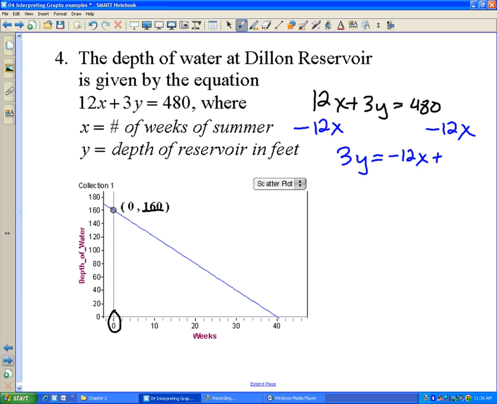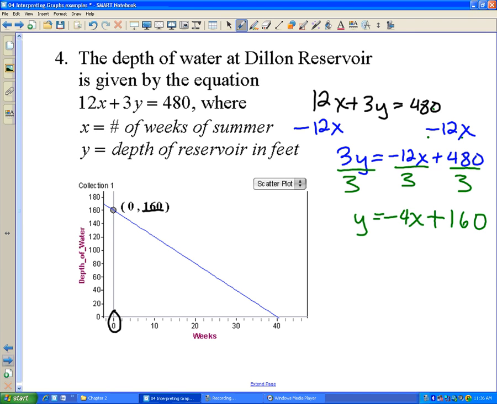If I want to write it as a starting amount minus something I've taken away, that also works. I'm going to divide by 3 to get y by itself. So I get y is equal to negative 4x plus 160.